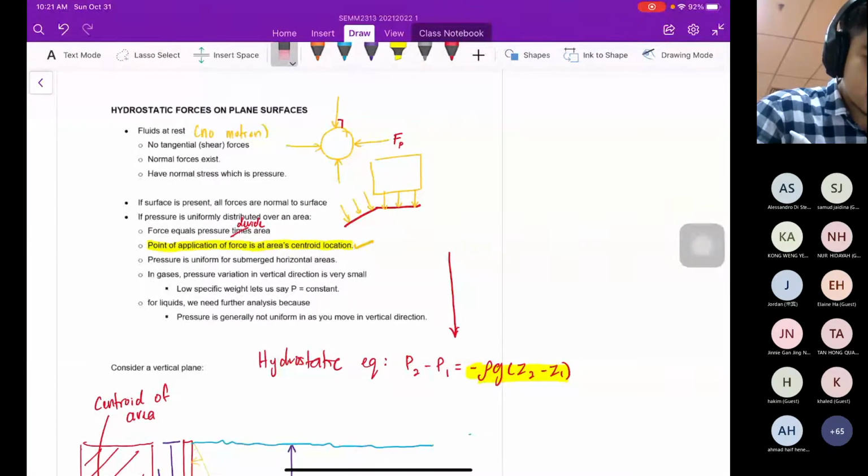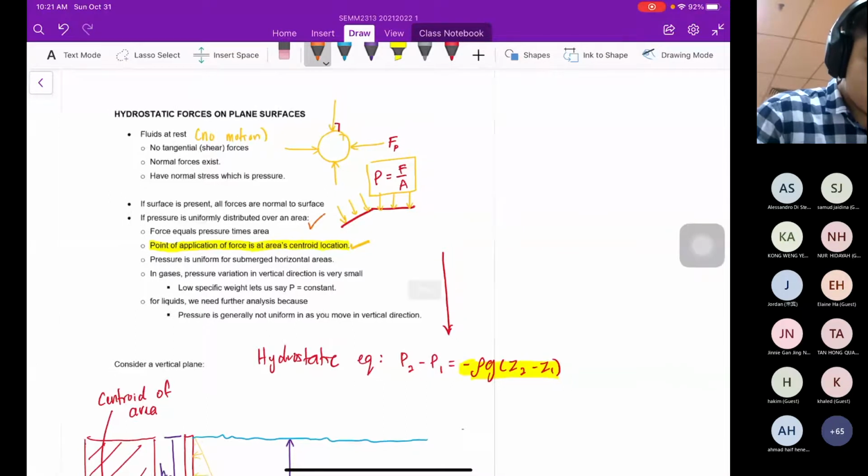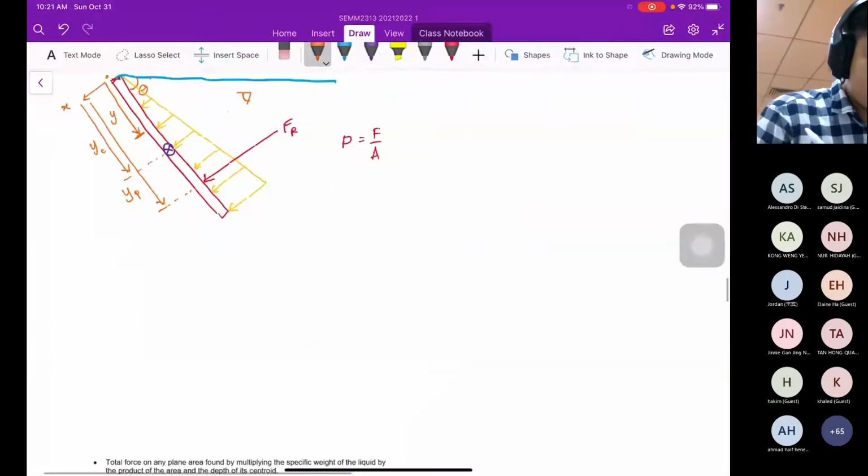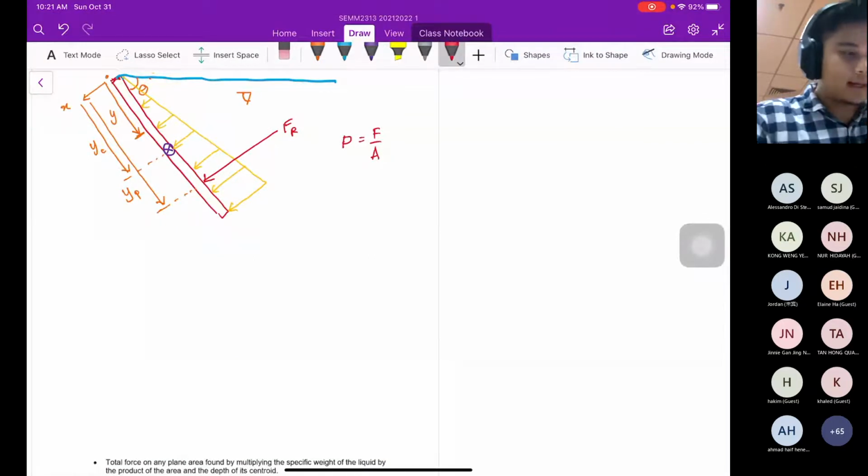This is not the force. This is pressure, force over area. This is correct. Okay, pressure, force over area. So let's take a look at the derivation.